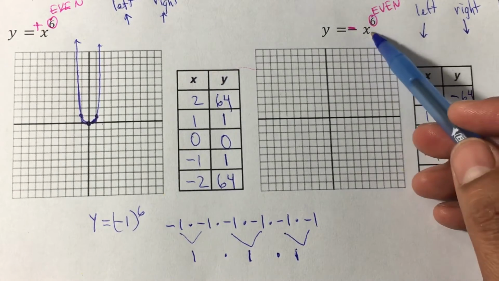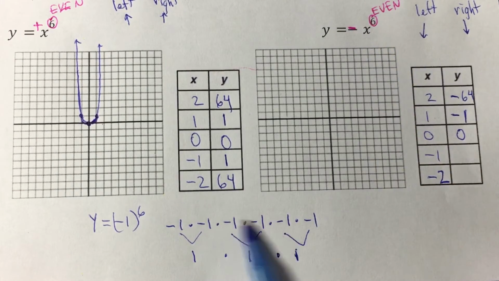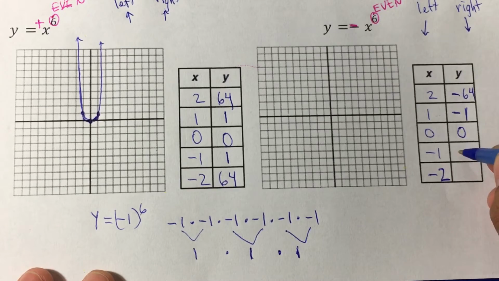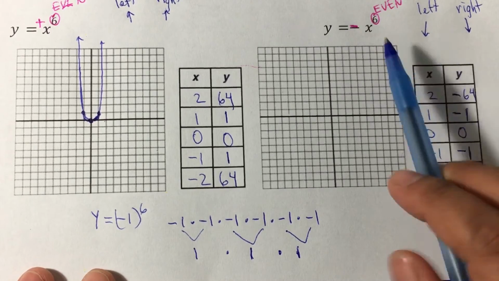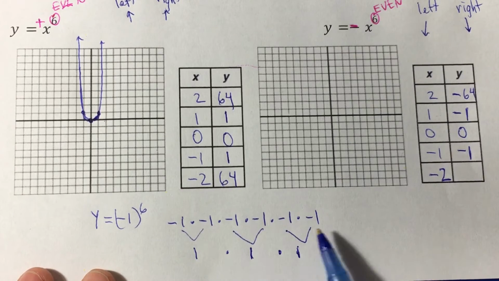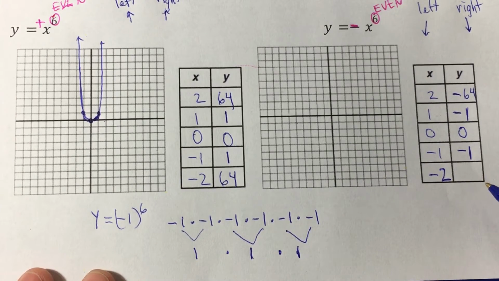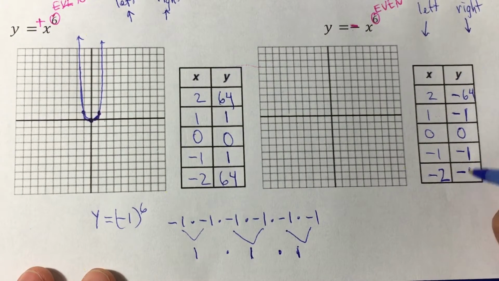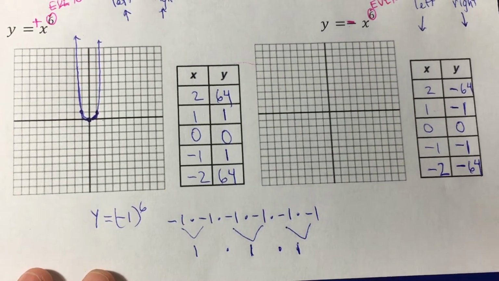And the -1 to the 6th power, we already saw that it becomes +1, but because of that negative that we just bring down, it is -1. And then -2 to the 6th power, similar to this, it becomes +64, but because of that negative, we bring down the negative, -64.